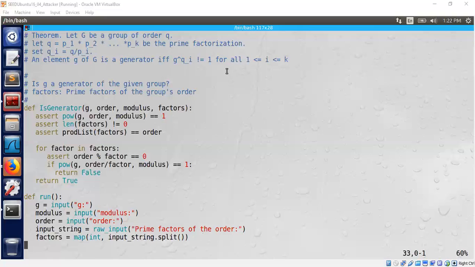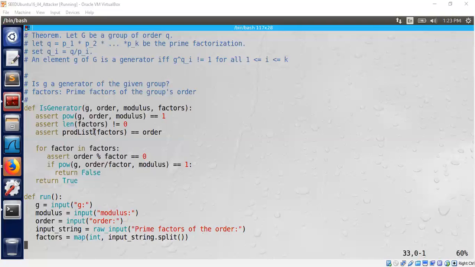So I encoded this into a little Python code. I would like to warn you that I probably have not tested the Python code for all corner cases. For example, if the factors are not prime factors, the theorem is not applicable, and I have not tested whether the given list of factors actually has that property. I do have some basic assumptions.